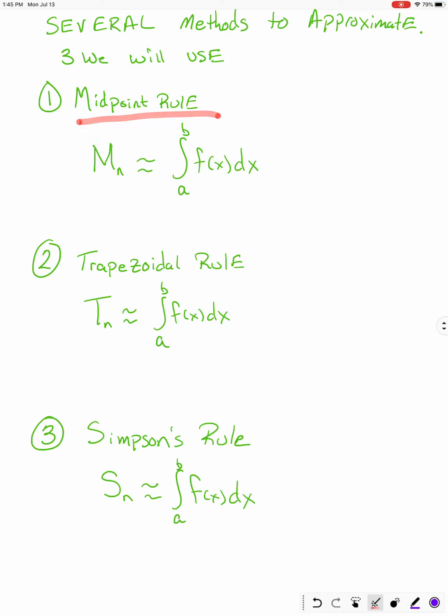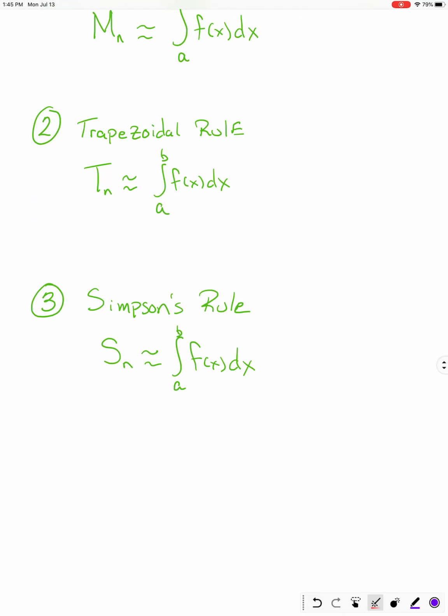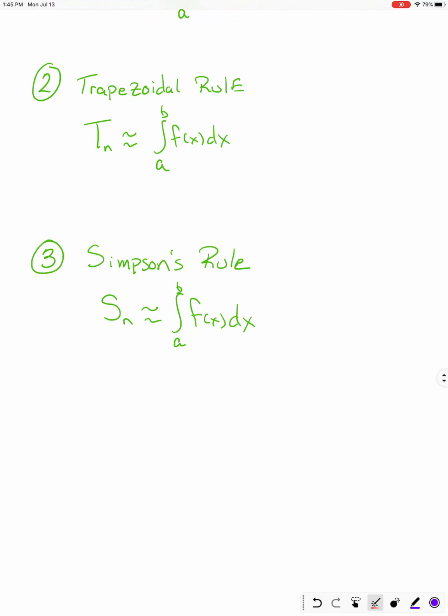The midpoint rule gets the notation capital M sub n, and that's approximately, not exactly, equal to this integral from a to b. The second one we'll use is the trapezoid rule. The trapezoid rule gets the notation capital T sub n, and again, that's approximately equal to the integral from a to b.